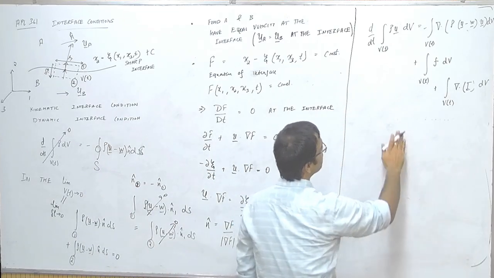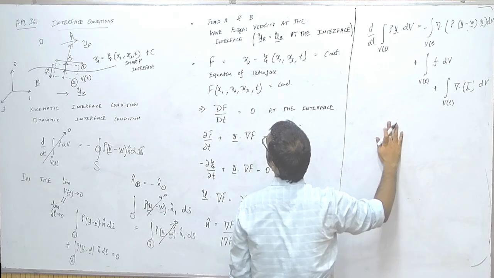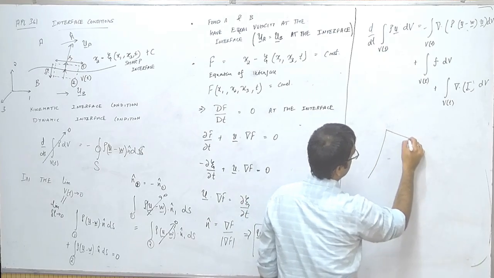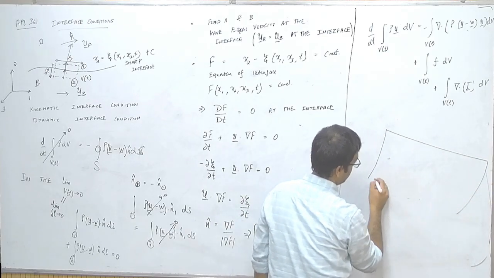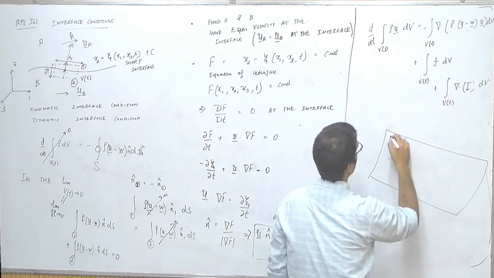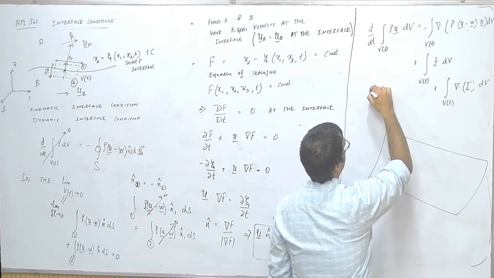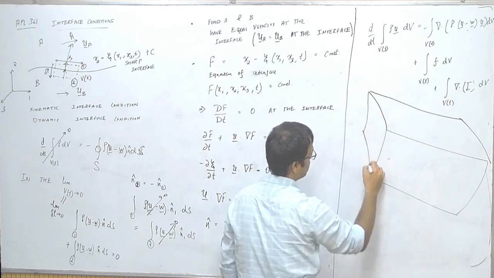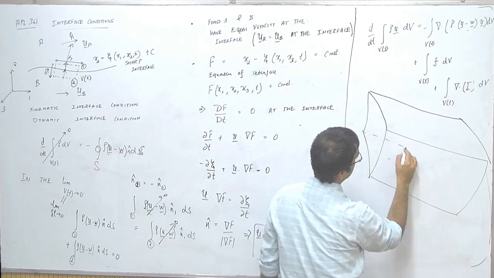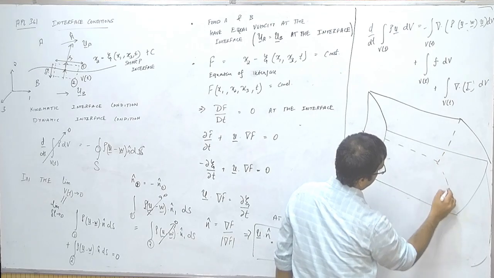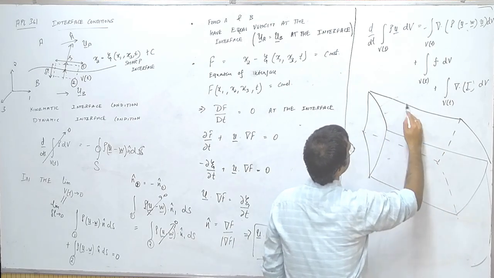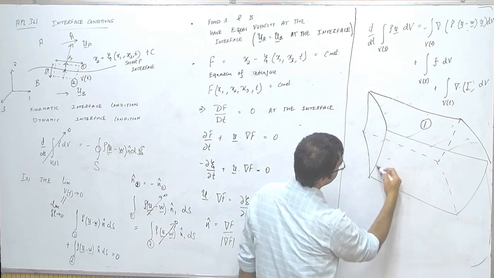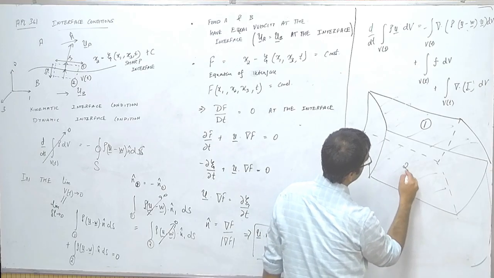Let us draw a big picture of what this control volume could look like. This surface is what I have labeled there as 1, and the bottom surface is what I have labeled there as 2.